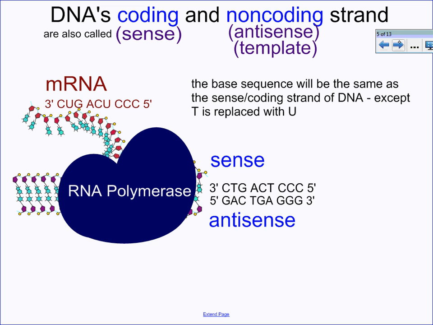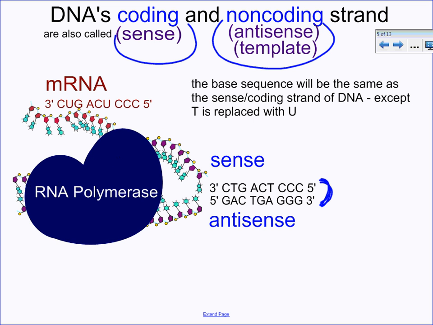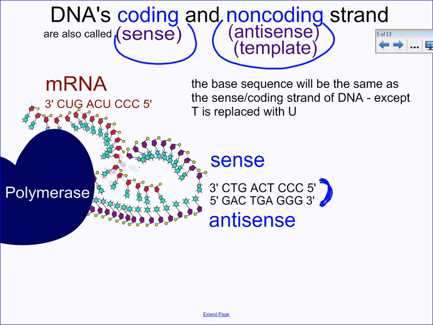There's a coding or a sense strand, and then there is a non-coding antisense or template strand. So taking a look at the two DNA strands down here, I've just made up a couple of codes. Ultimately, what you want RNA polymerase to do, you can sort of see it behind the scenes here, is build complementary to the antisense strand.